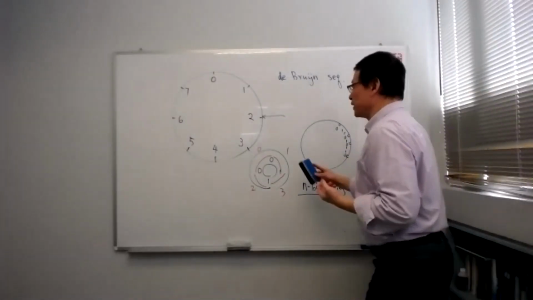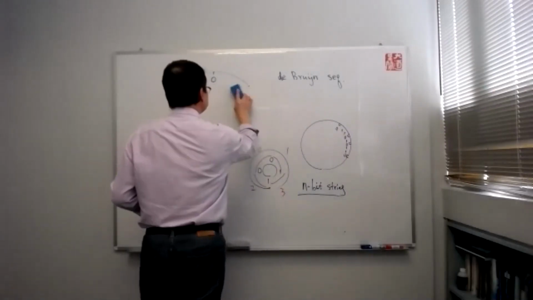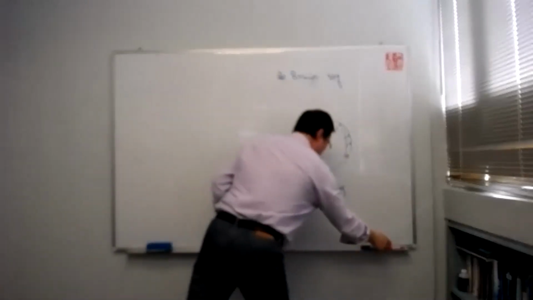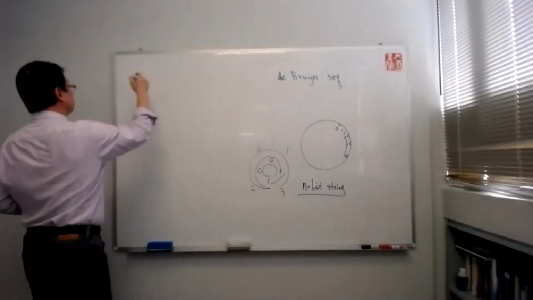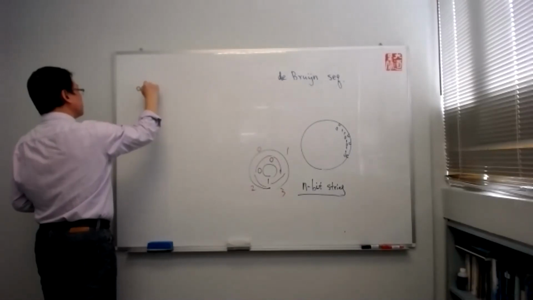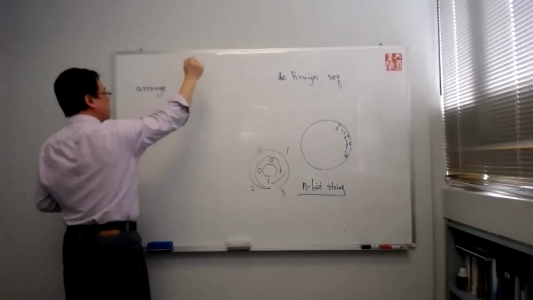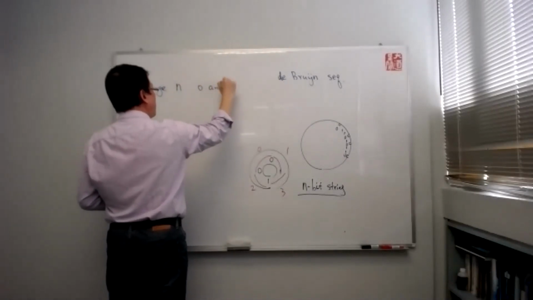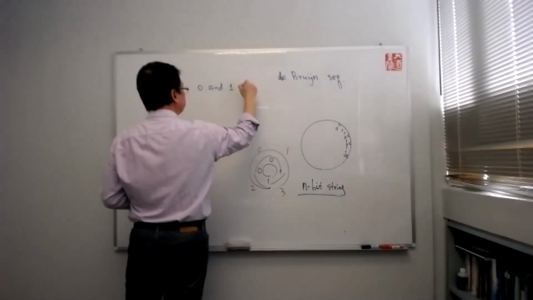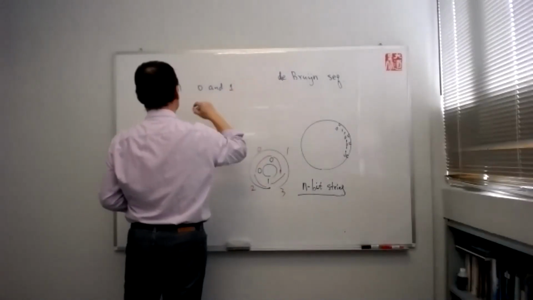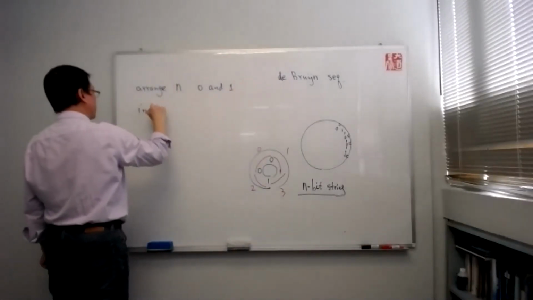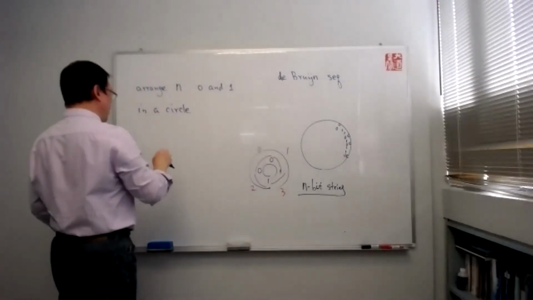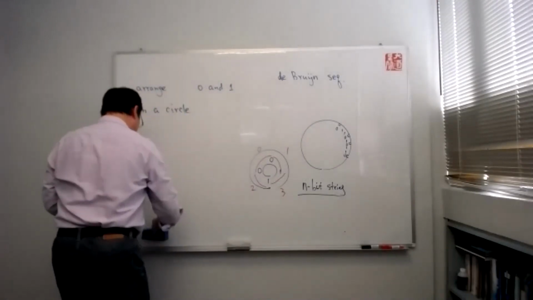So that gives us the following. Maybe instead of using n, I use 2 to the power of n.